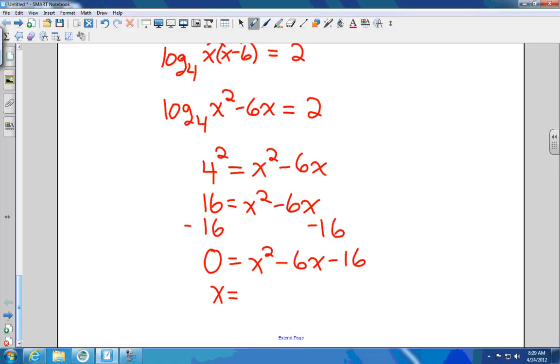So x equals 8 or negative 2. You do have to check these and see which one's going to work.